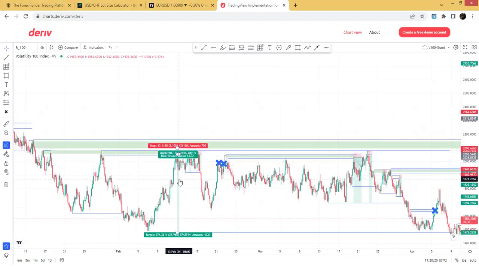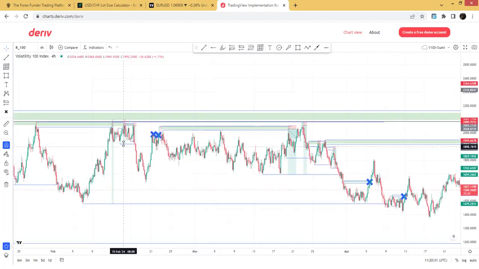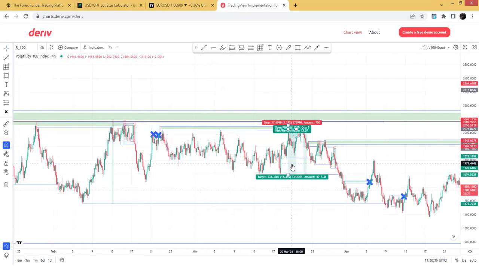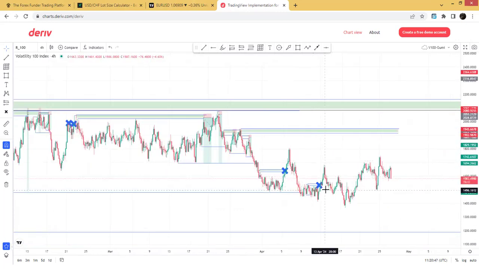This one we would have gotten our 1 to 3, but I just did it all the way to extend so that you see that, okay, yes, it took out that low. This should have been our 1 to 3. You'd have gotten your 1 to 3. But remember, the remaining 10% you left behind would have done something, right? Your 1 to 3. You'd have had a loss.